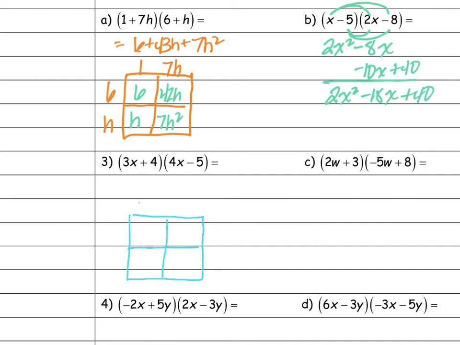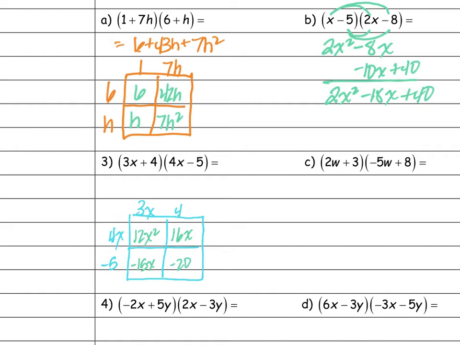So I've got 3x plus 4 and 4x minus 5. So that gives me 12x squared plus, let's see, 16x minus 15x minus 20.